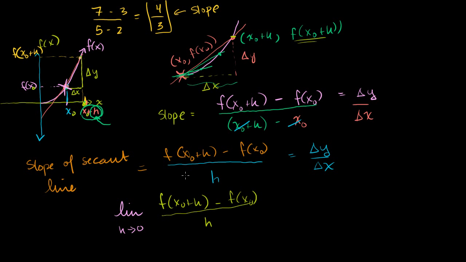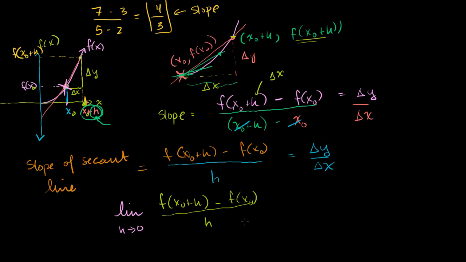And now just to clarify something, sometimes you'll see in different calculus books, instead of an h, they'll write a delta x here, where this second point would have been defined as x naught plus delta x, and then this would have simplified to just delta x over there, and we would be taking the limit as delta x approaches 0. It's the exact same thing. h, delta x, doesn't matter. We're taking h as the difference between one x point and the higher x point, and then we're just going to take the limit as that approaches 0. We could have called that delta x just as easily.